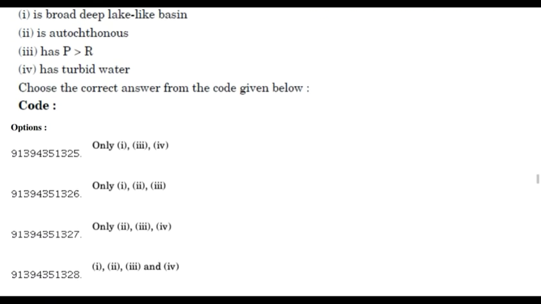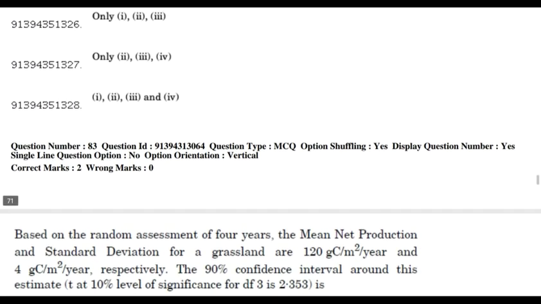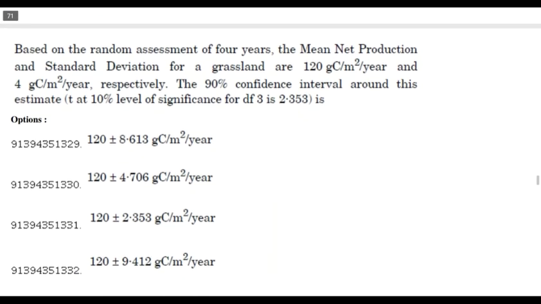Next, based on the random assessment of 4 years, the mean net production and standard deviation for a grassland are 120 and 4 grams per meter square per year respectively.